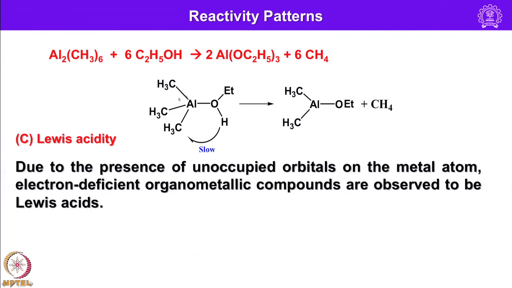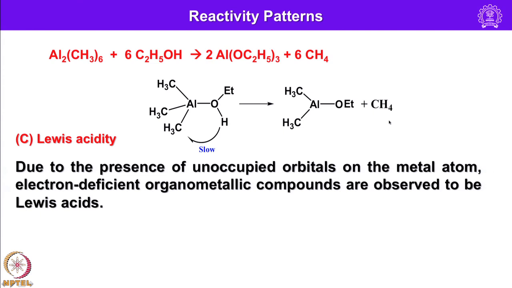Since this dimer breaks, one coordination site is vacant, that is occupied by the oxygen lone pair, and then this H moves towards this one in the slow step to form dimethyl aluminum ethoxide through the formation of CH4. This continues, and if another equivalent of ethanol comes, eventually ethoxide groups replace all methyl groups and they come out as methane.